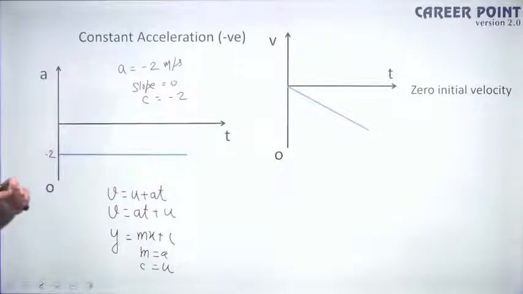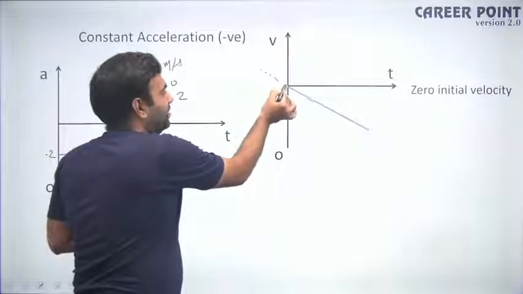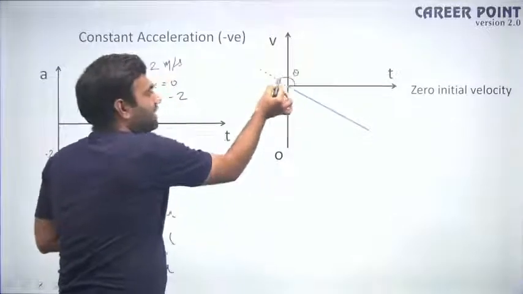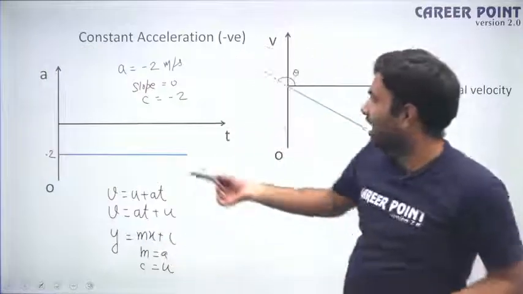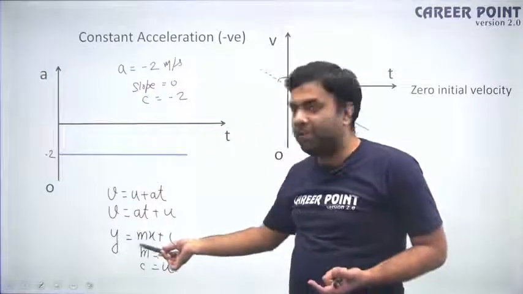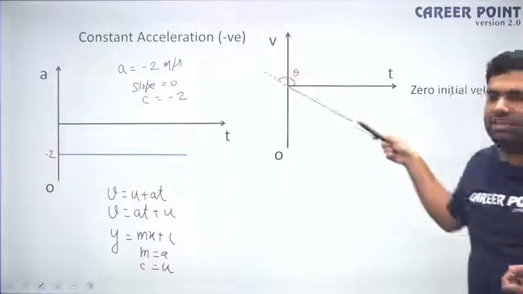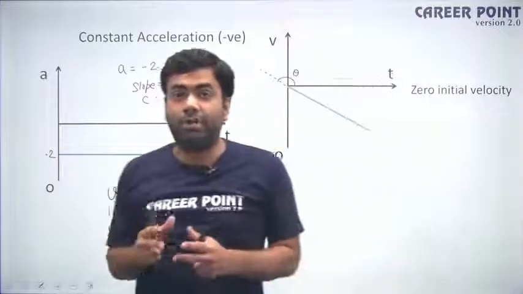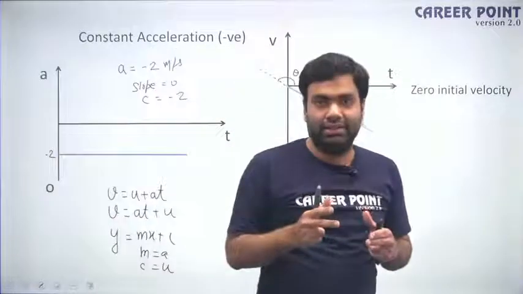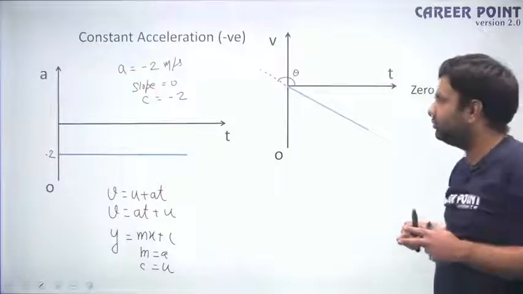As I told you, if the angle is greater than 90 degrees, this will be theta in this case. If the angle is greater than 90 degrees, that means tan theta is negative. And because acceleration is negative, slope is negative, that means this theta will be greater than 90 degrees. That is why we are having a graph like this. Remember, always tan theta is positive for 0 to 90 and negative for 90 to 180 degrees.